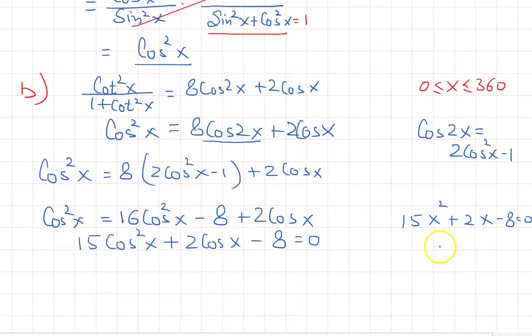So we have to solve it. 15 multiply 8 is 3 times 5 and 4 times 2. The difference is 2, so we take a bigger and a smaller number: 5 times 2 is 10 and 3 times 4 is 12. So we can write this as 15x square plus 12x minus 10x minus 8 is equal to 0.